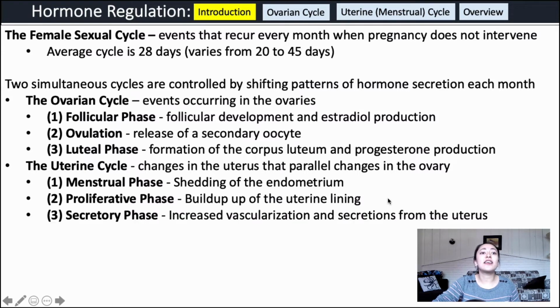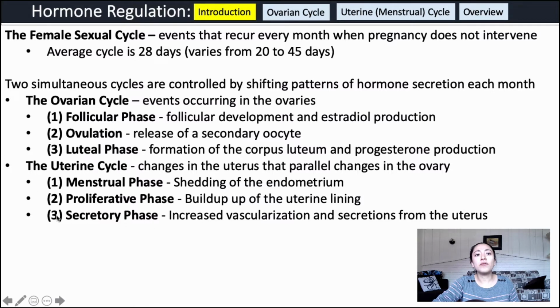The last stage in the uterine cycle is known as the secretory phase, and this is whenever the uterus is actually increasing its vascularization and secretions along the inner lining, and this is providing the optimal environment for implantation of the fertilized egg.